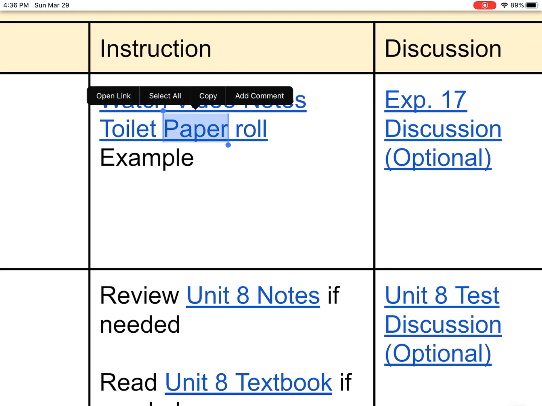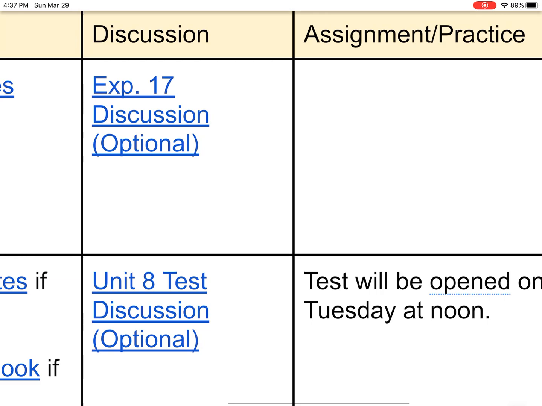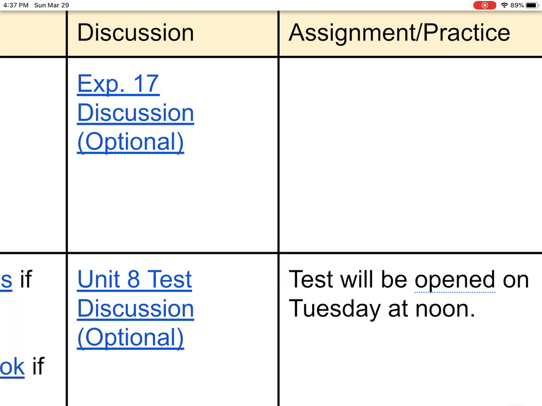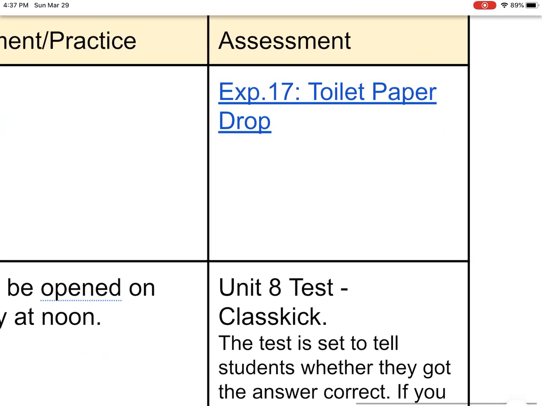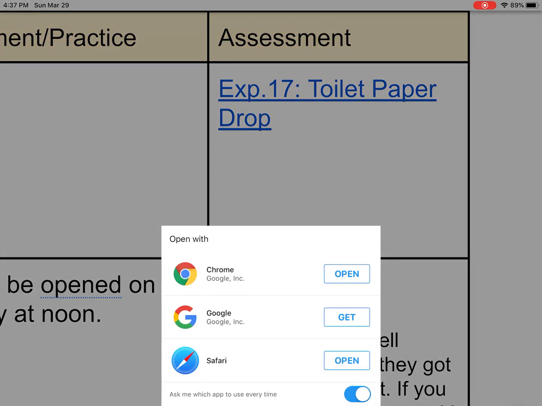Again, this is a hyperlink that will go right there. And then if you have questions as you're working through the lab, please click on the discussion. You also can, of course, email me, but I would like us to have as much group discussion as possible. And then, again, your assessment will be experiment 17.